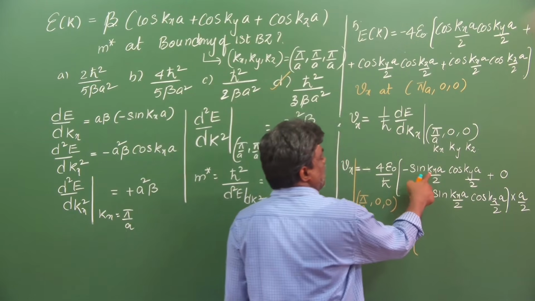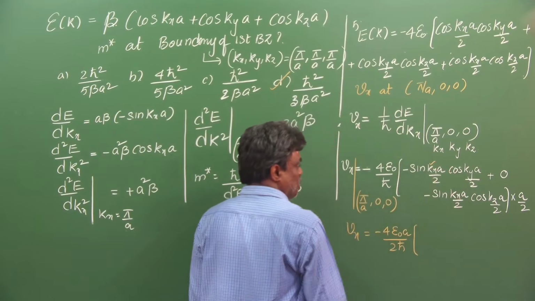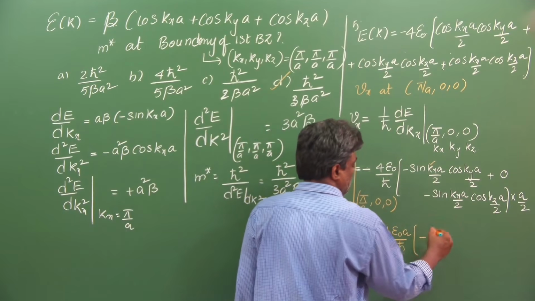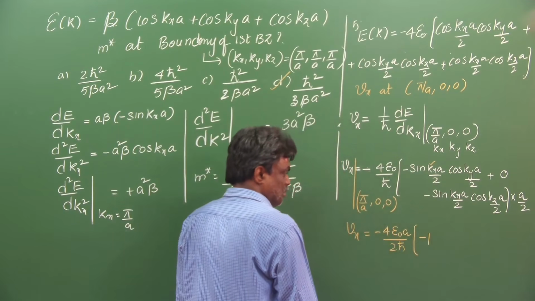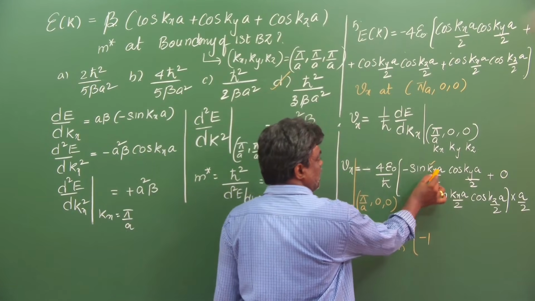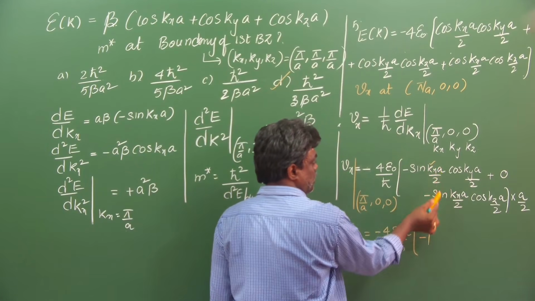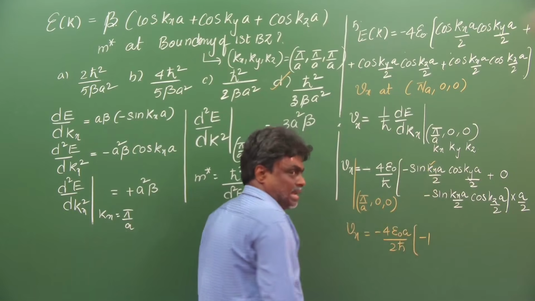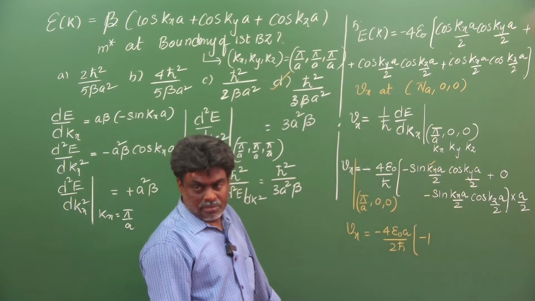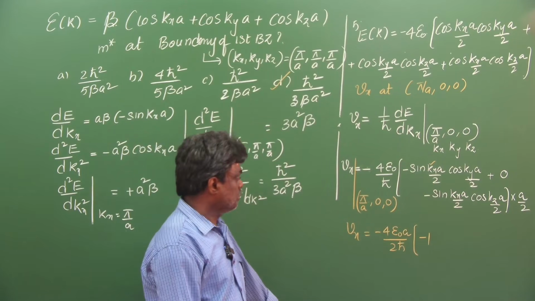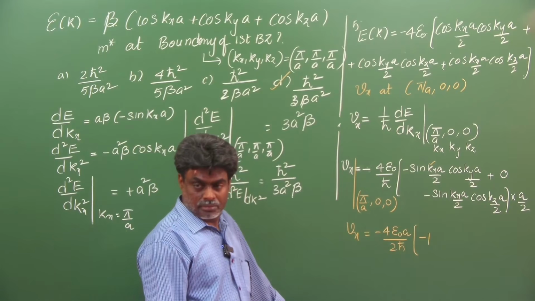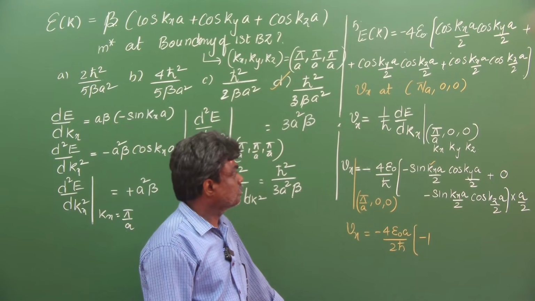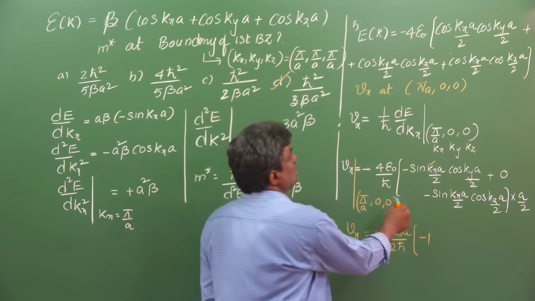Now pi by a substitute here, how much? Minus 1. Because the sin kx a by 2, so kx is pi by a, a gets cancelled. Outside is there. Already here is 1 minus.